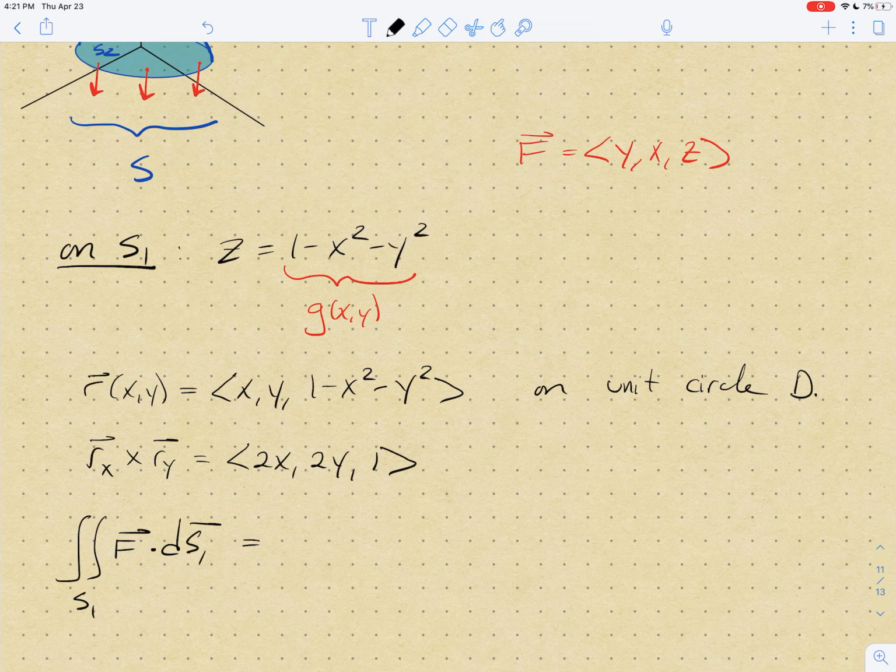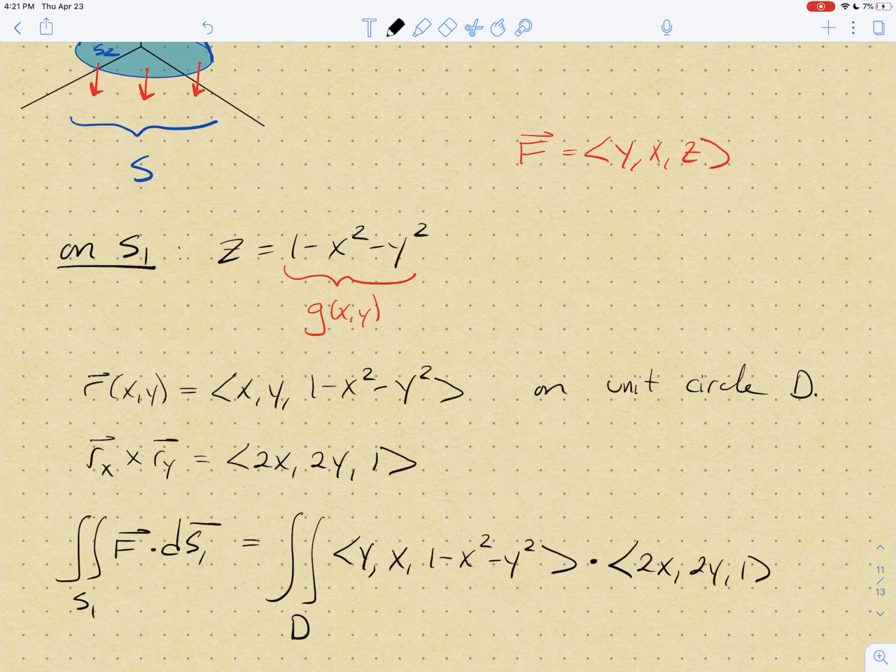Okay, so I want to go ahead and write this as a double integral over the unit circle D. And I'm going to plug my parameterization into my f. And so y doesn't change, it just stays y. x doesn't change, it just stays x. But z becomes 1 minus x squared minus y squared. Then I'm going to dot with r_x cross r_y. I'm going to dot with 2x, 2y, 1 dA.